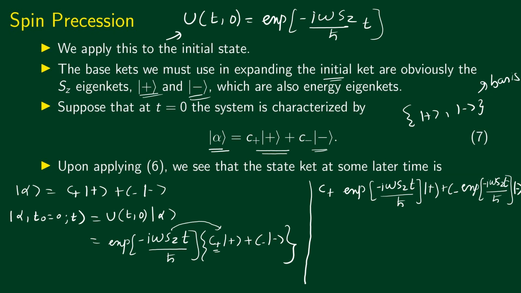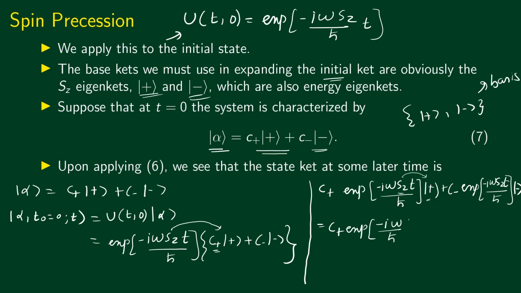Now this is equal to c plus exp(-iω/ħ) with this Sz acting on ket plus. We can use the eigenvalue equation here, so you will get the exponential of the eigenvalue. This is the exponential of the operator acting on the eigenket of the operator. We already showed that this gives us the exponential of the eigenvalue multiplied by the eigenket.